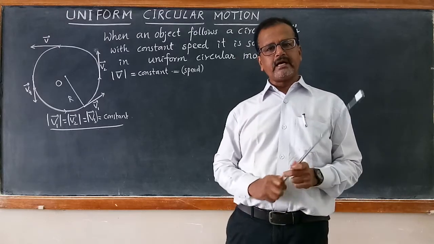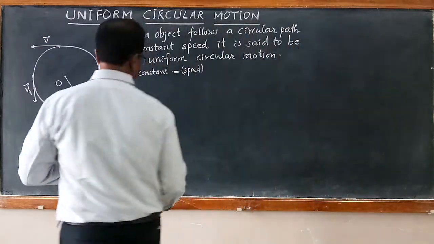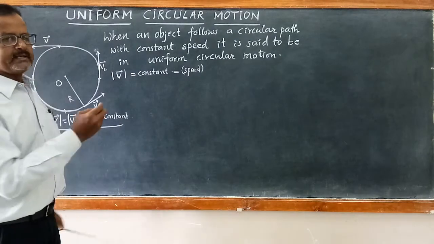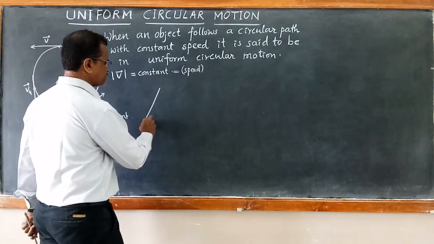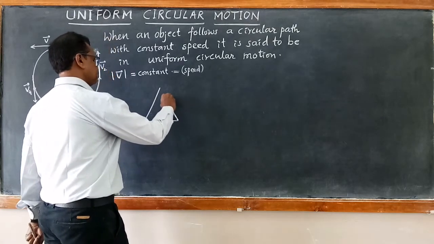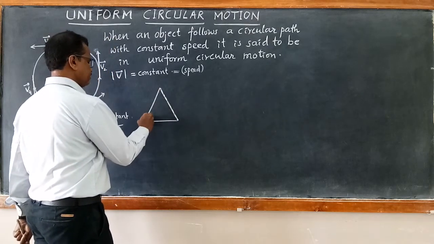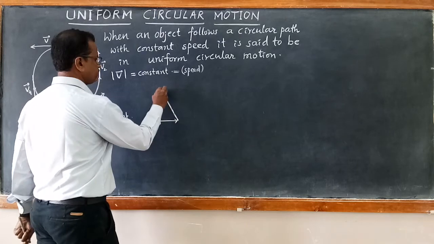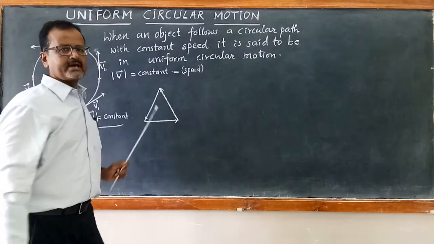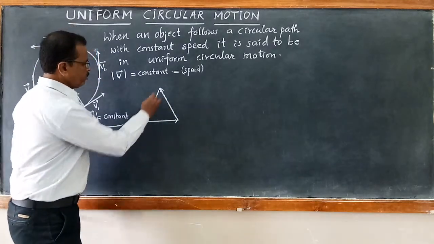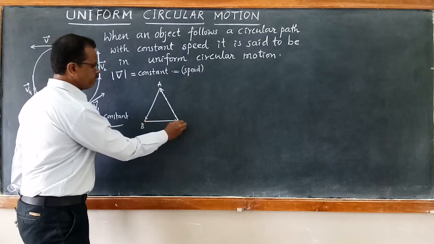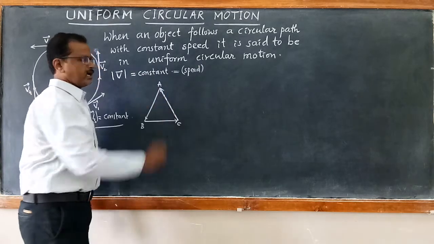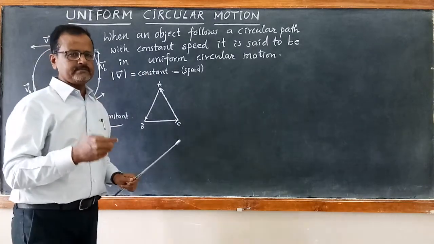You must have studied this earlier, in 9th standard. Suppose you are running on a triangular track. When you move from A to B, then B to C, then C to A, how many times do you change your direction?